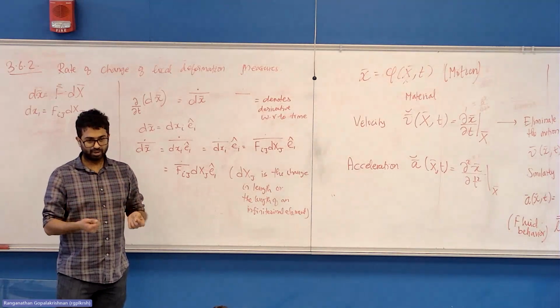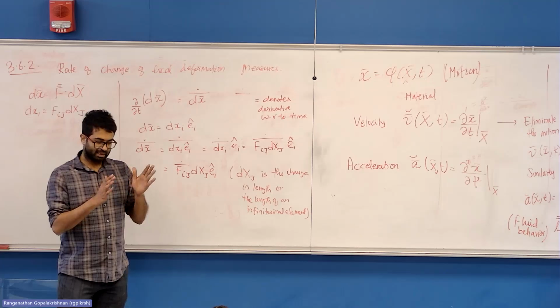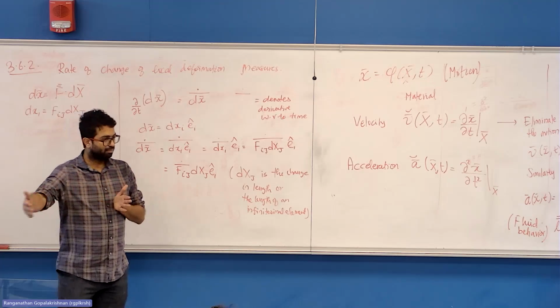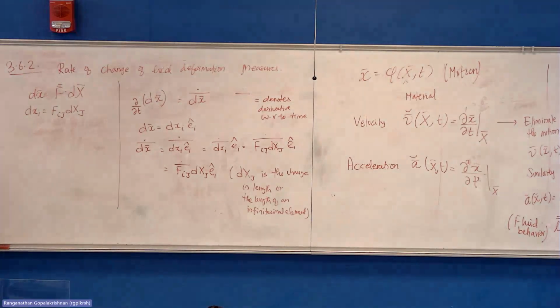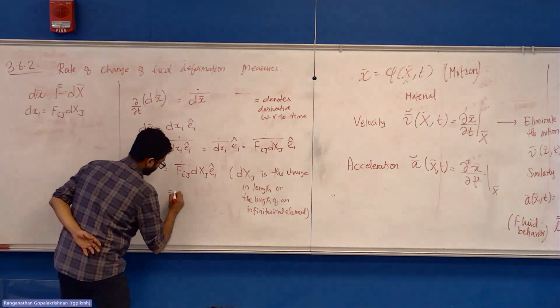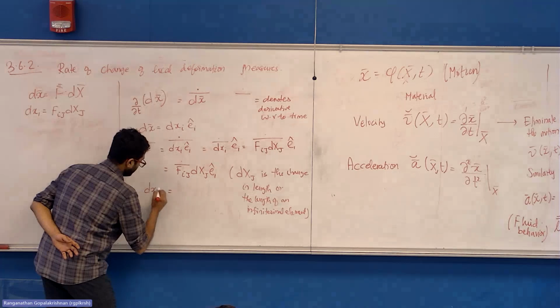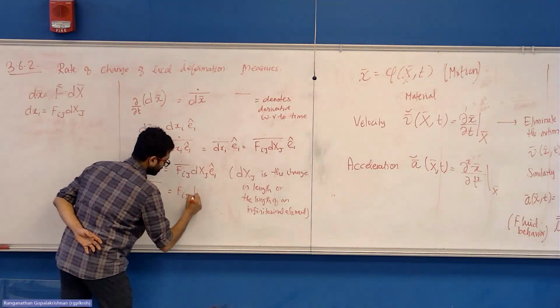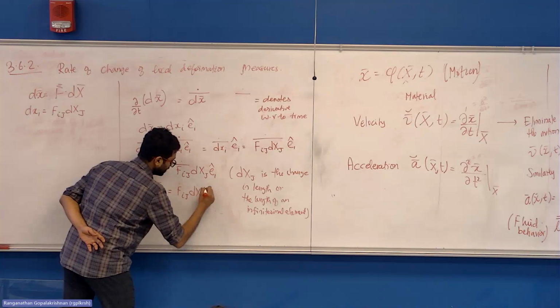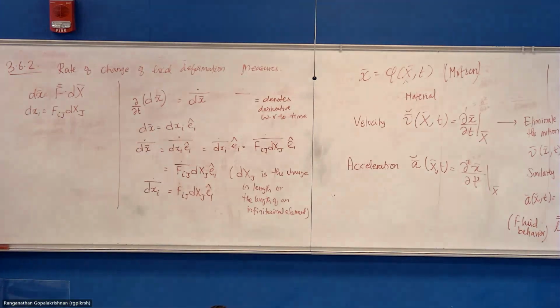If I subject it to a motion, which is basically deformation plus some translation or rotation, then we write dxi dot is Fij dot times dxj ei cap. We need the derivative of the components of the deformation tensor.